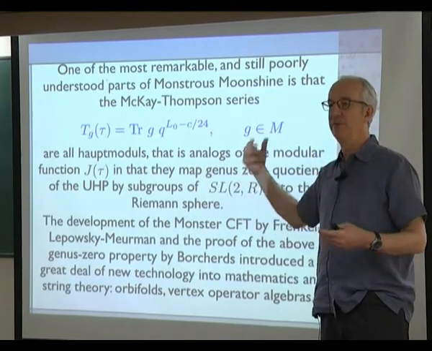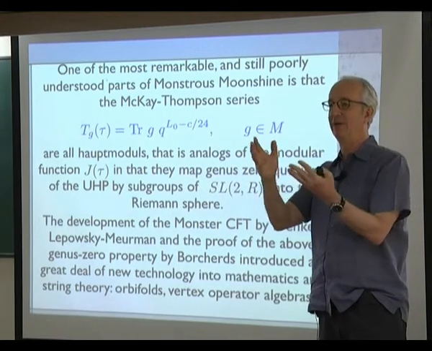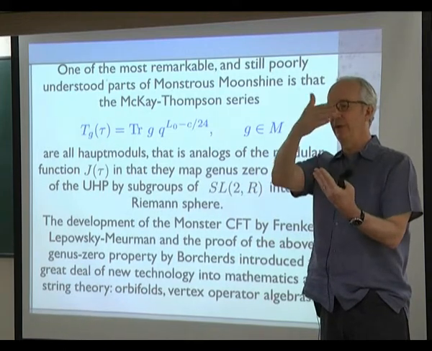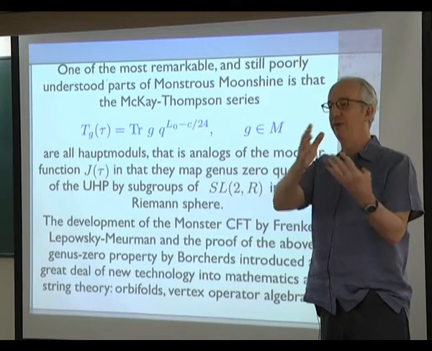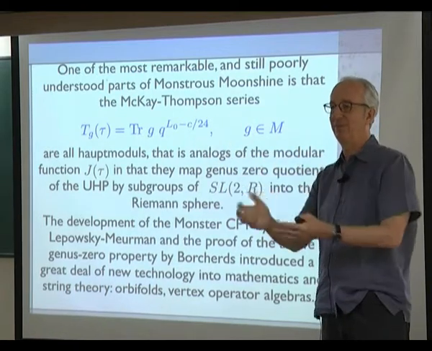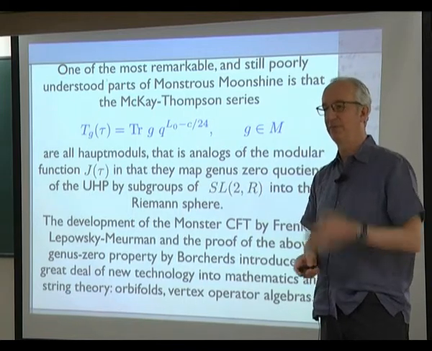So these analogs of j of tau are basically an instruction on how to do that mapping from the tau region specified by the fundamental domain for this group to a space which is topologically a sphere. Is that clear?